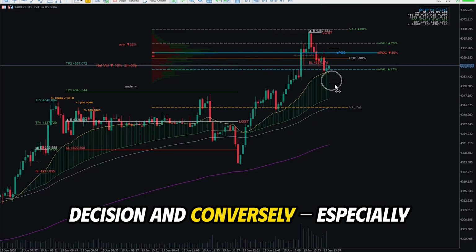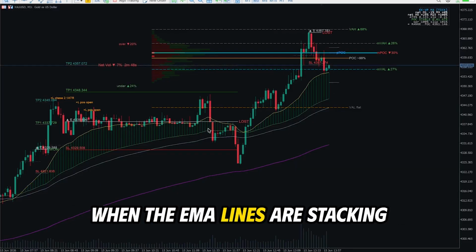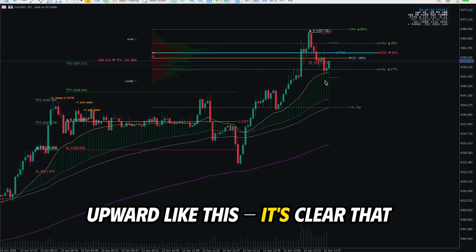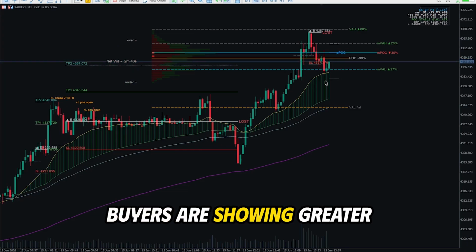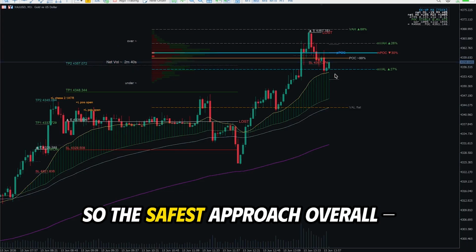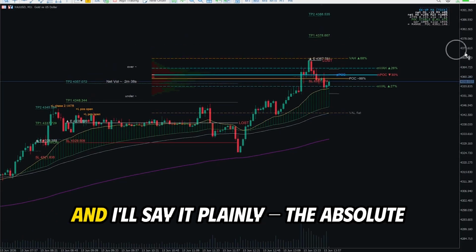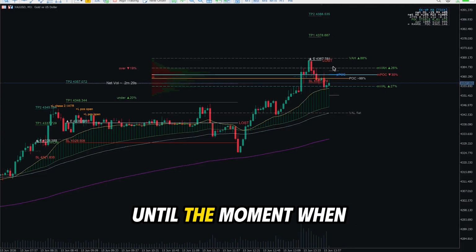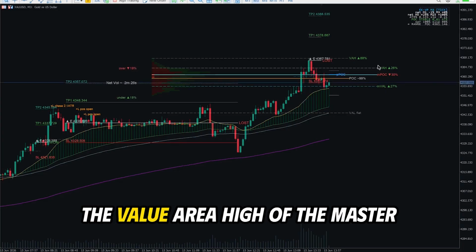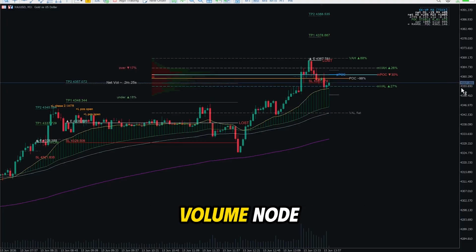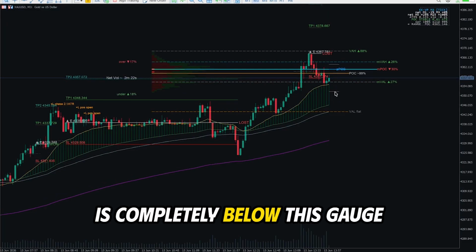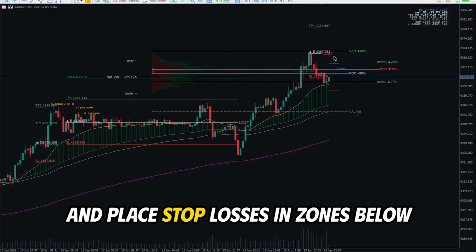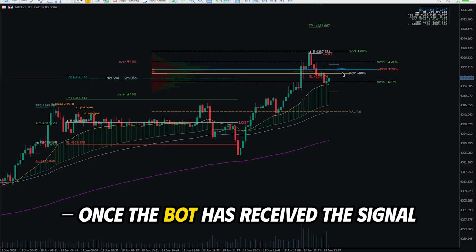And conversely, especially when the EMA lines are stacking upward like this, it's clear that buyers are showing greater strength. So the safest approach overall, and I'll say it plainly, the absolute safest, is that the trend is your friend. So let's wait until the value area high of the master volume node is completely below, and place stop losses in zones below.